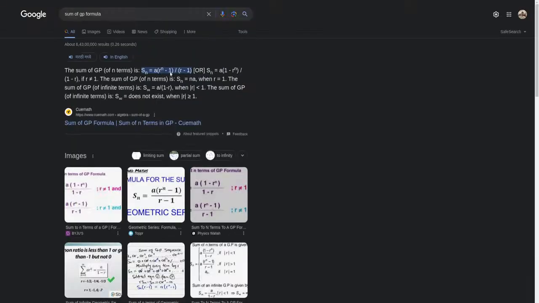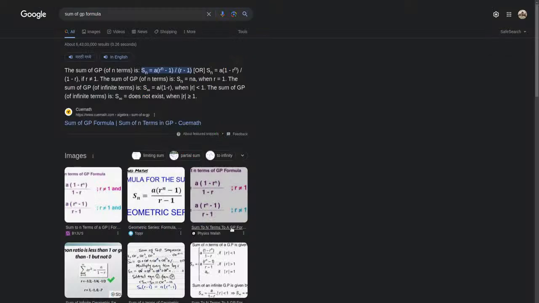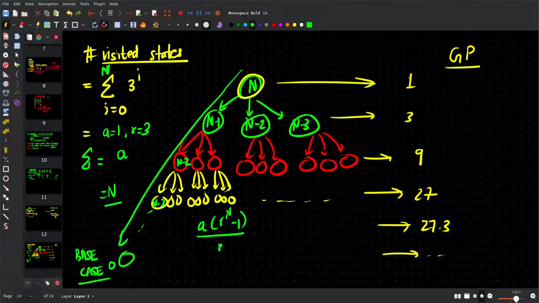It is first term times r raised to n minus 1 upon r minus 1, and n is the number of terms, and we have n terms here.